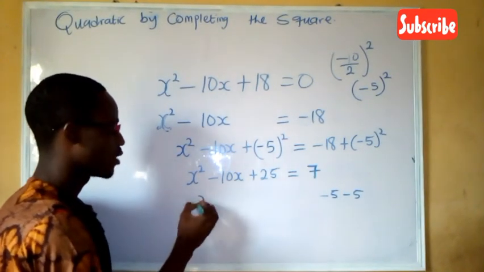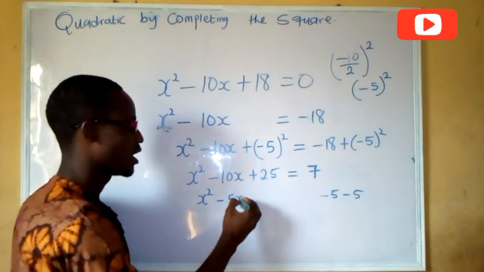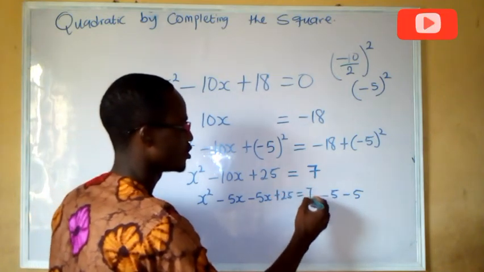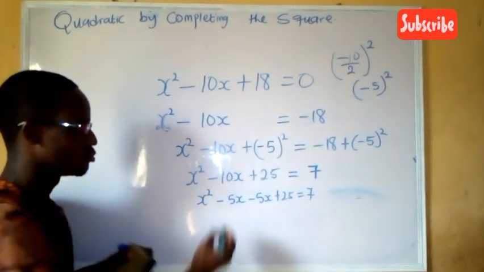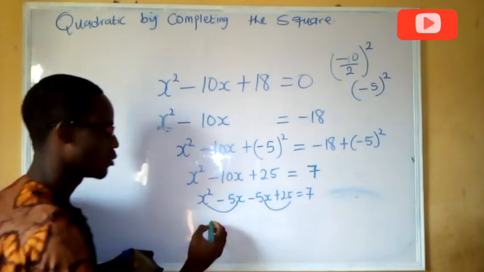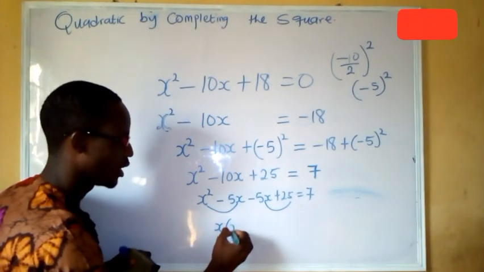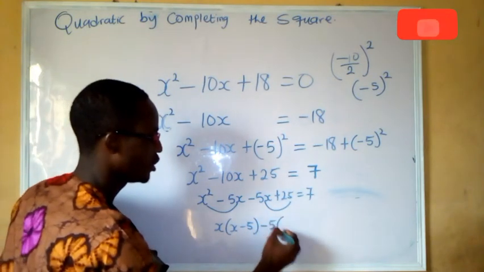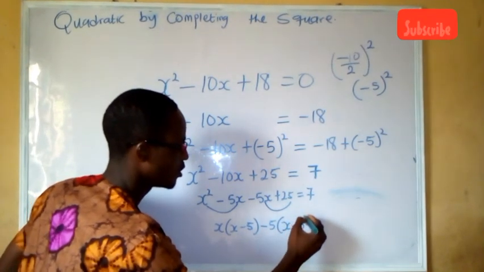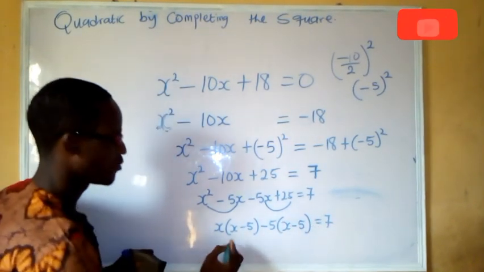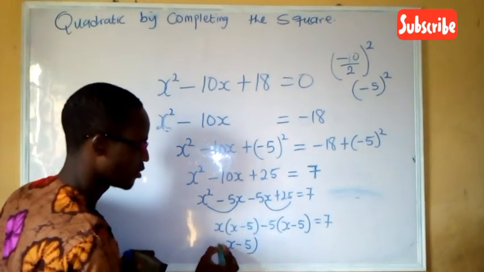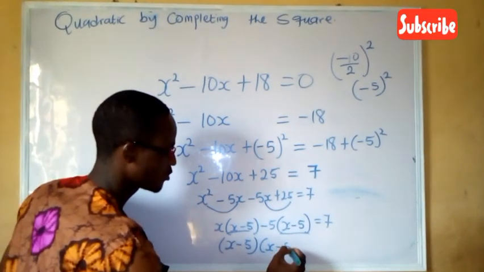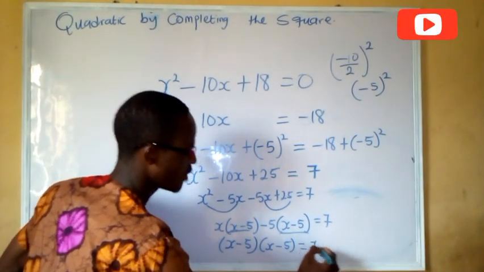Then we factorize: x squared minus 5x minus 5x plus 25 all equals to 7. We group this as we have said. So we have x into x minus 5, then minus 5 into x minus 5 all equals 7. Then I have x minus 5, that's one of this, then you join this also, x minus 5, all equals 7.